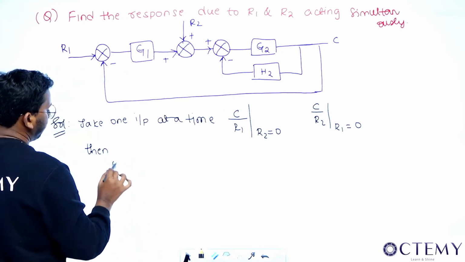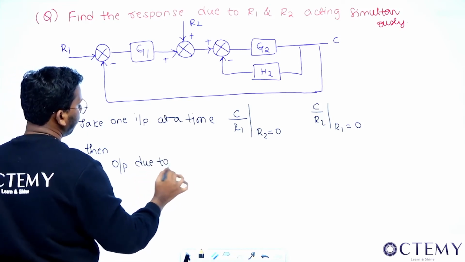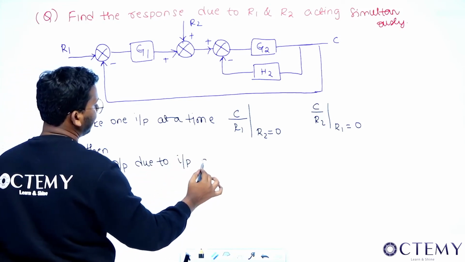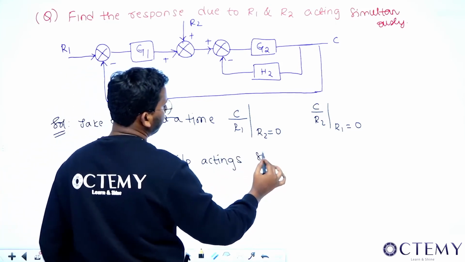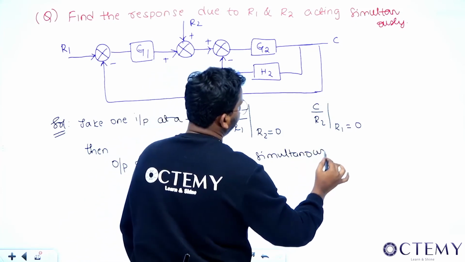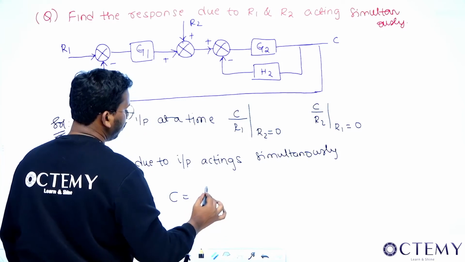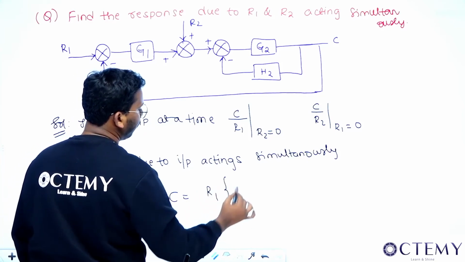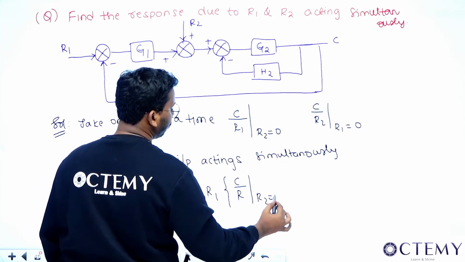Then output due to inputs acting simultaneously will become what sir? C is equal to R1 into whatever you got sir, C by R1 with R2 equal to 0.